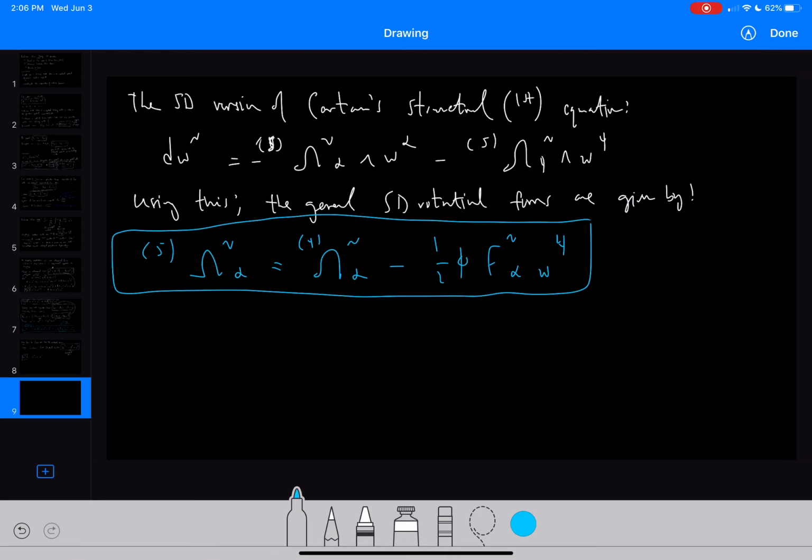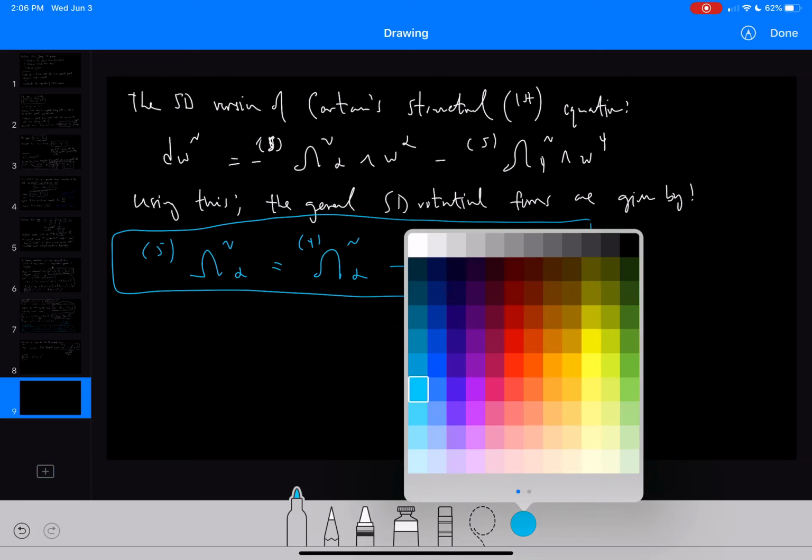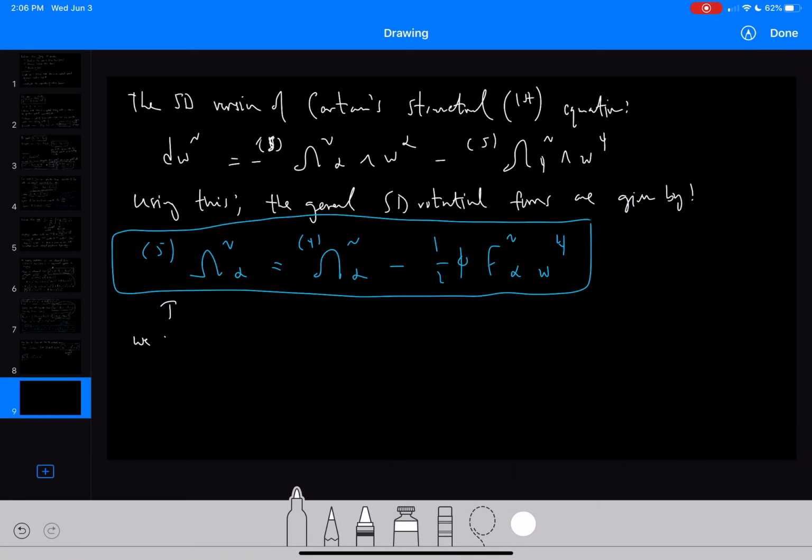And why did we go through all this trouble to come up with this rotational form? Because now we can use this in combination with the general definitions of an exterior derivative.